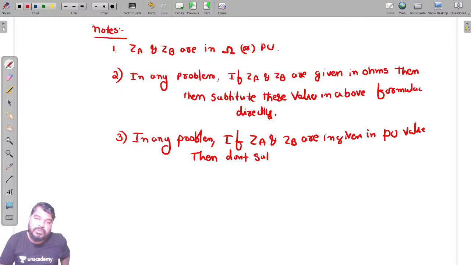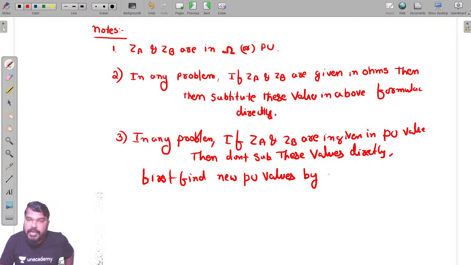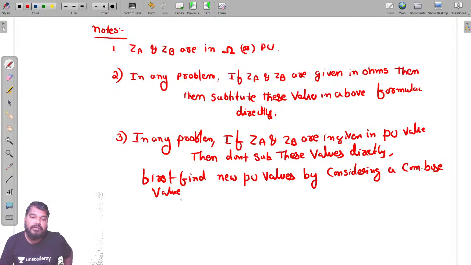First find the new per unit values by considering a common base value, from the old per unit values, that is the given per unit values.